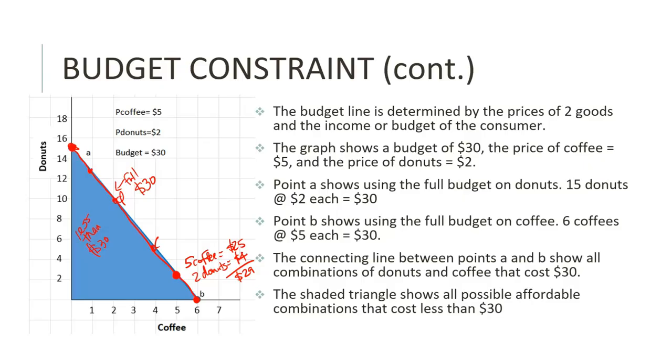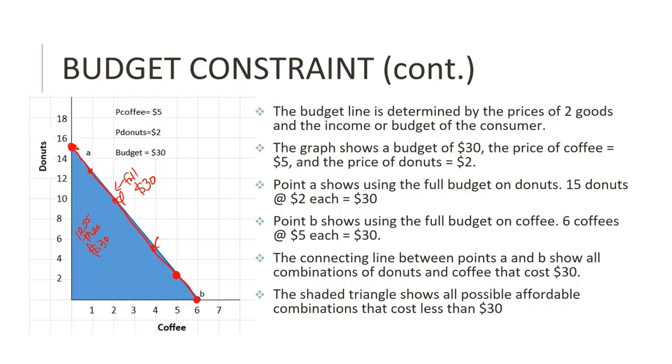So if you're taking this over a long period of time, we may see slightly unequal or inconsistent consumption over the weeks because you can't buy a fraction of a coffee or a fraction of a donut, and just depending on how prices work. So anything inside that line is attainable, it is affordable, but it's inefficient. Anything on the line uses the full budget and it is efficient.